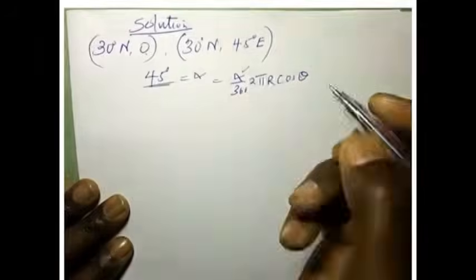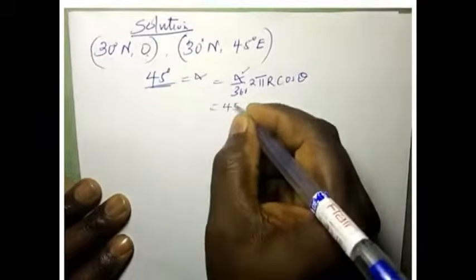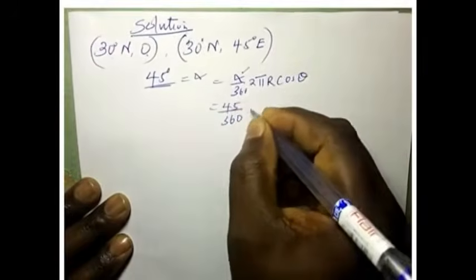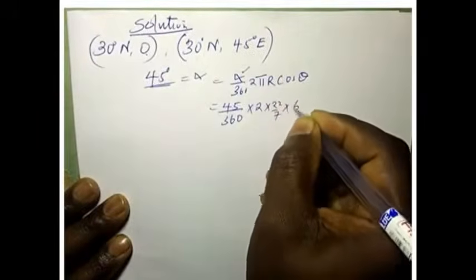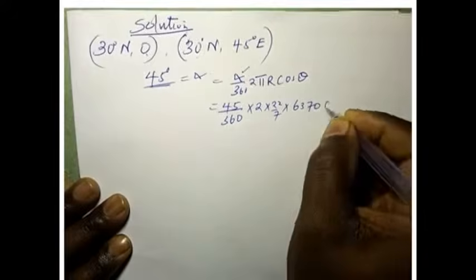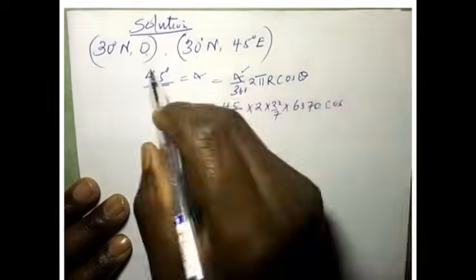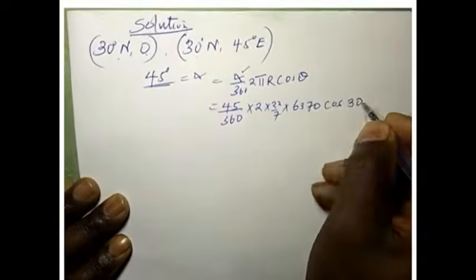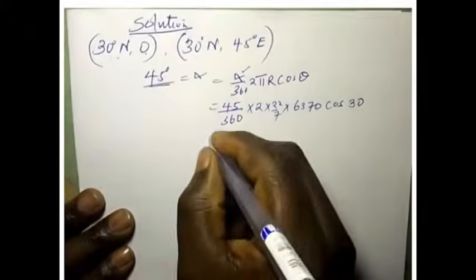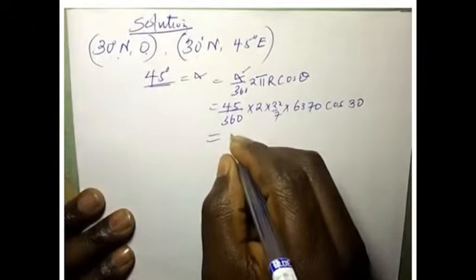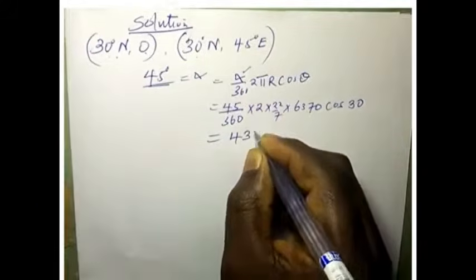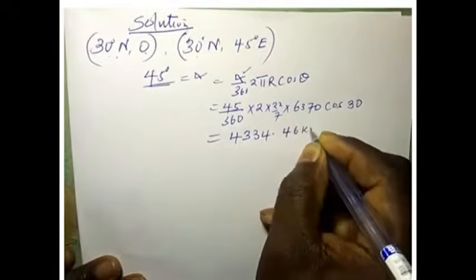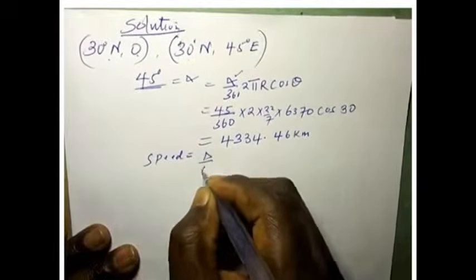Our alpha is the angle difference, so we have 45 over 360 times 2 times 22 over 7 times 6370 cos latitude. The latitude is 30, cos 30.